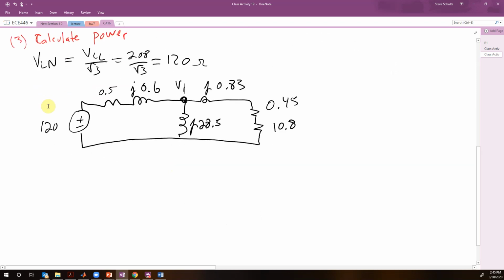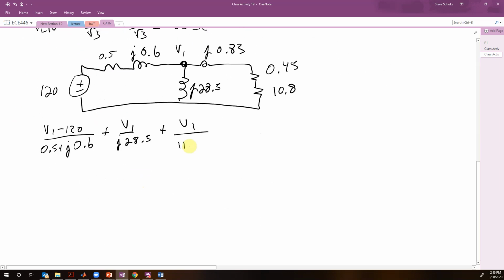And we're going to go (V1 minus 120) all over (0.5 plus j0.6) plus V1 over j28.5 plus V1 over (11.25 plus j0.83) is equal to 0.